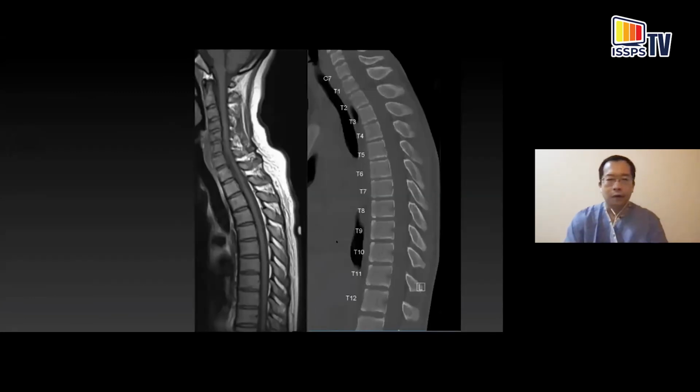Now, once again, just correlating the MRI with the CT anatomy. This is obvious. This is the cervical spine up here. The thoracic spine I've enlarged for you with some labels. But the point again is that the interspinous spaces are larger at the top. They start to cramp down in the mid-thoracic spine together with the interlaminar space, as well as the thoracic paravertebral space itself.